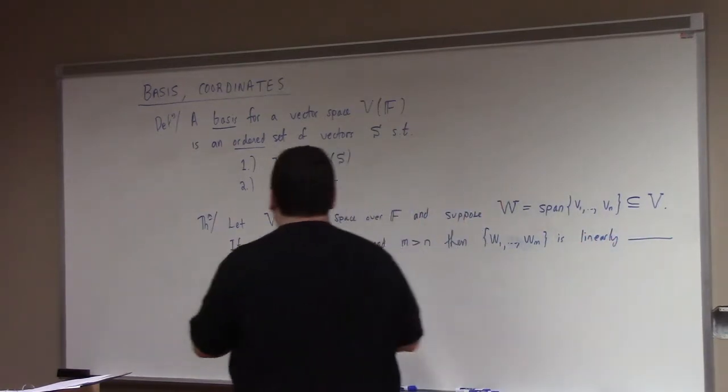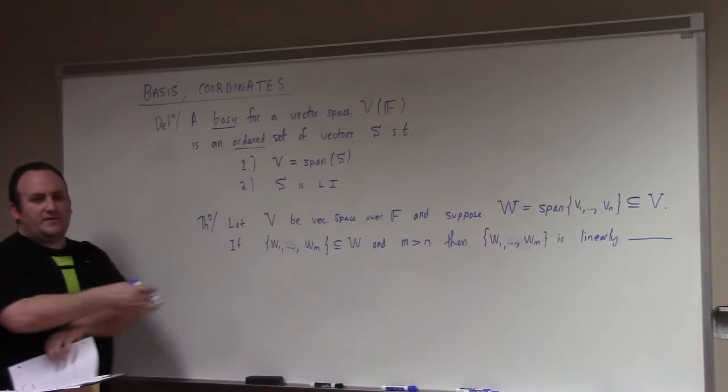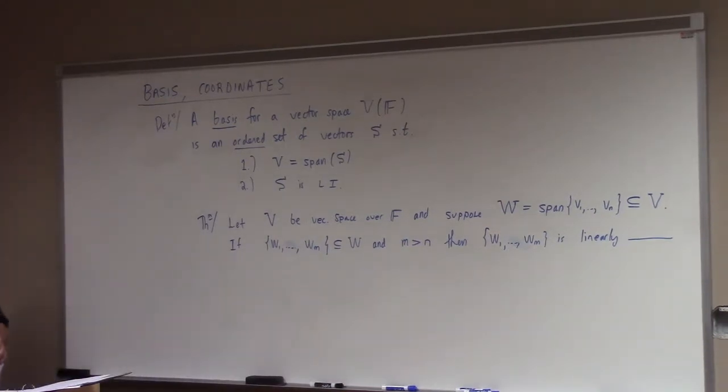So my point to you is, if you're starting to gain some kind of intuition for what linear independence and linear dependence means, can you complete this sentence for me? What would kind of make sense?